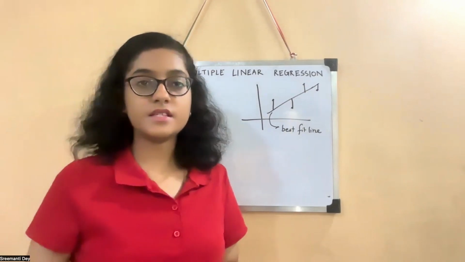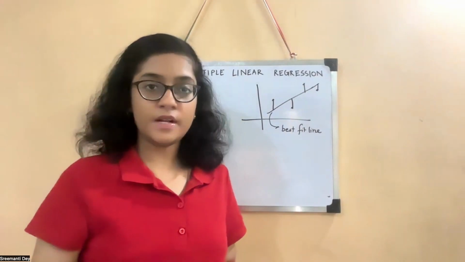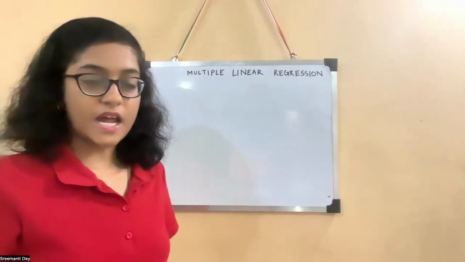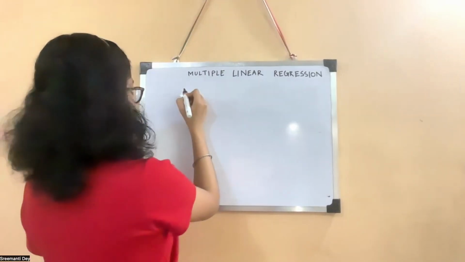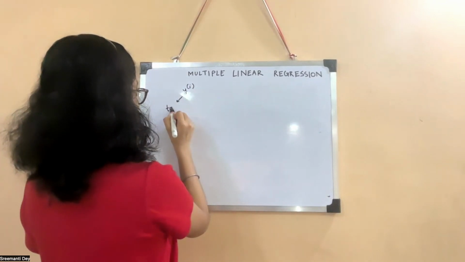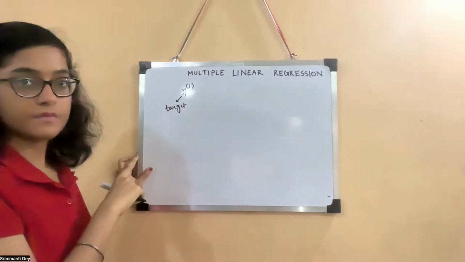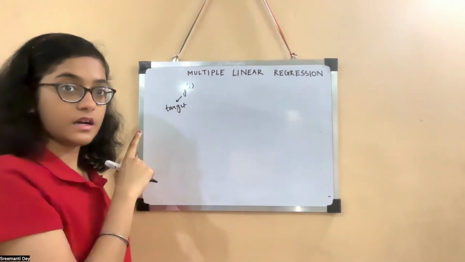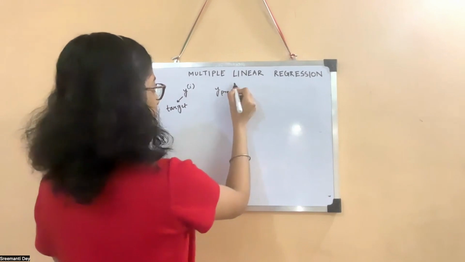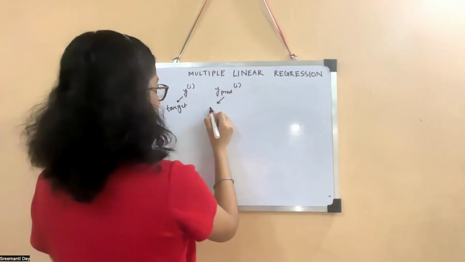Similarly, we would have something like this in multiple linear regression as well. Suppose we have yi, which is the target in our data set, and we are predicting y pred i, which is our predicted value.